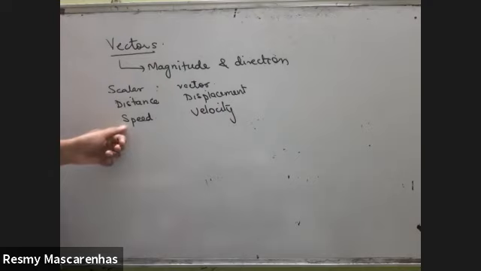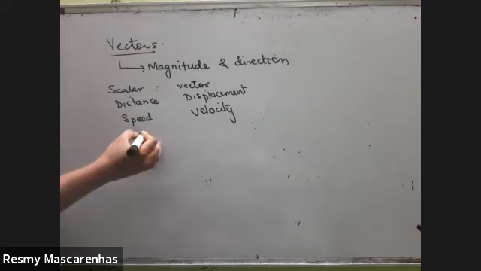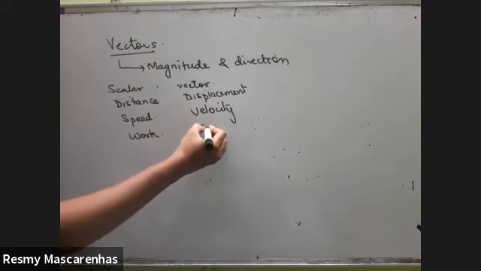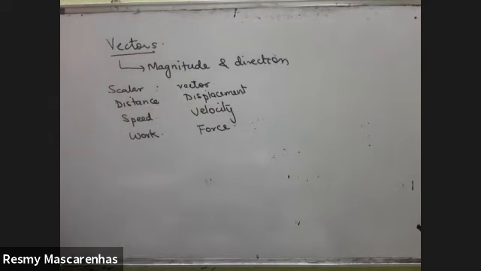Then one more, suppose you want work done, any work you are doing, that is like some kind of energy you're spending on that. That will not have any direction, not needed. But suppose you have force, if you're applying a force, definitely it matters in which direction you want to apply a force.